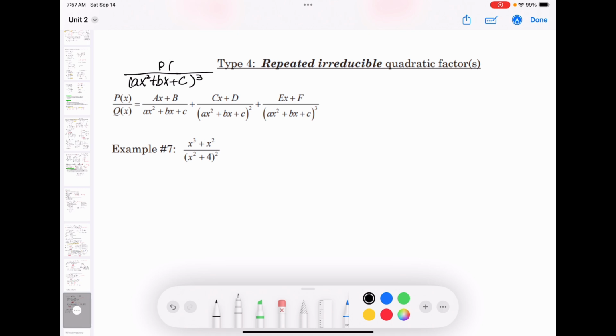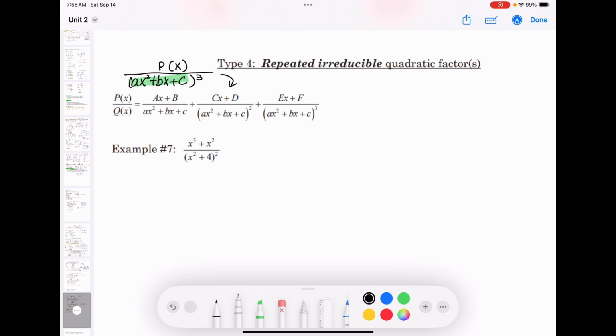On the top is p of x, a top polynomial. So look at the bottom. We have ax squared plus bx plus c. In the parentheses is a non-factoring quadratic form. That means we can rewrite it, decompose it like the following expression.